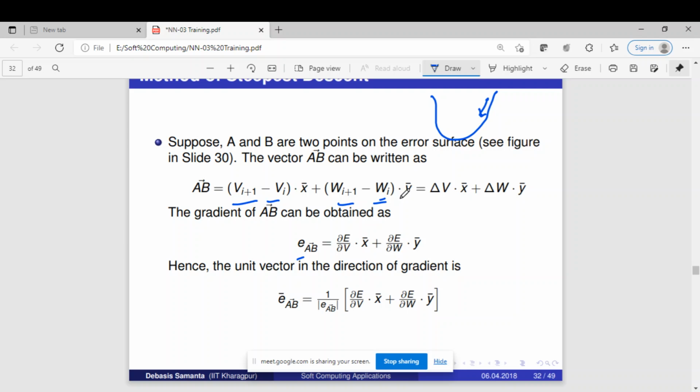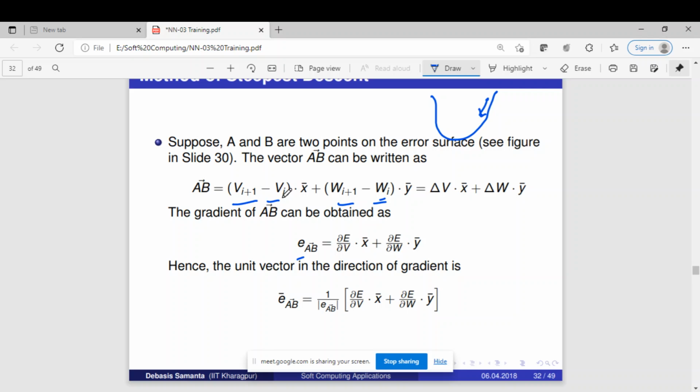Change in what? Change in weights. W also represents weights.